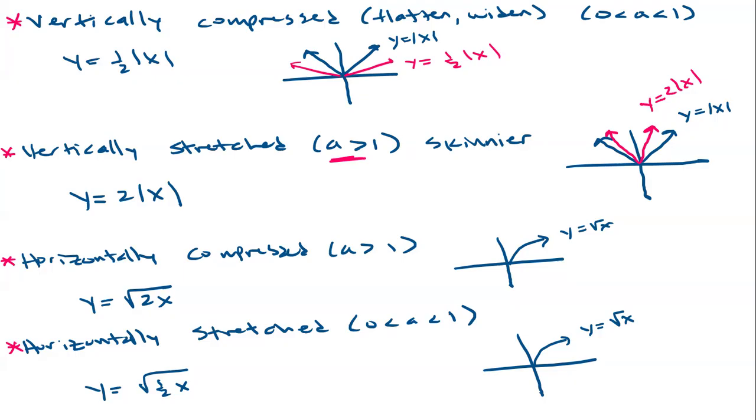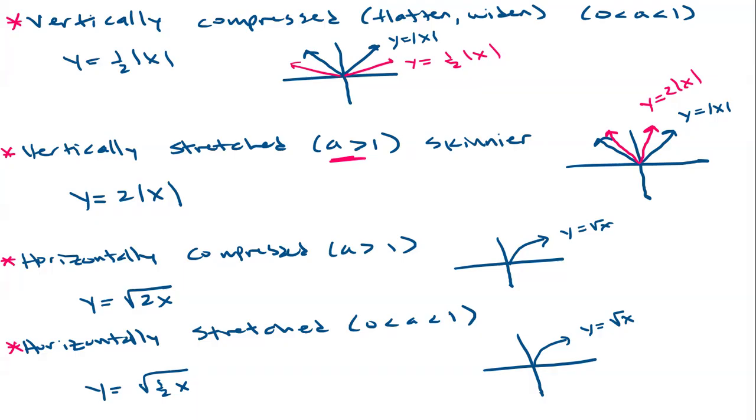All right. Now, what happens if the number is now inside? So in this case, if we have y equals the square root of x, and we have a number inside the radical, for example 2, and that number is bigger than 1, now it's dealing with the horizontal compression.